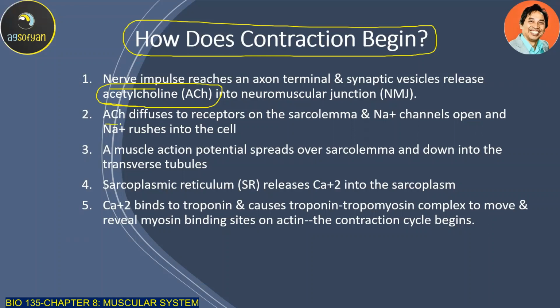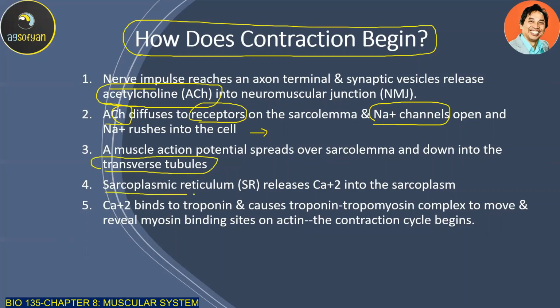The acetylcholine then binds to a receptor on the muscle cell. It will open the sodium channel, and sodium will enter into the sarcoplasm inside the muscle cell. The signal uses the sarcolemma and T tubules in order to go to the sarcoplasm.